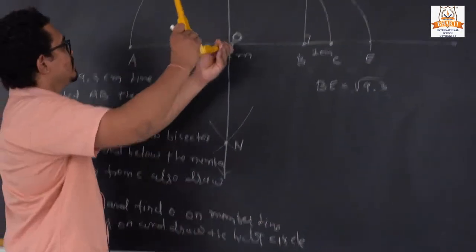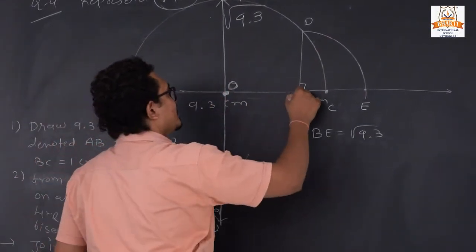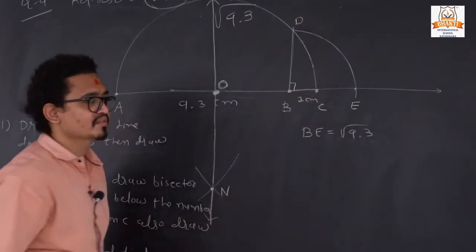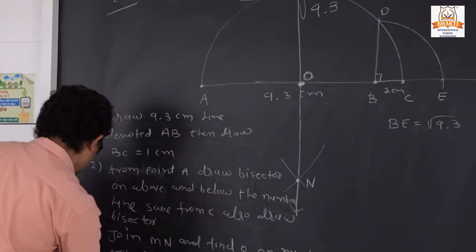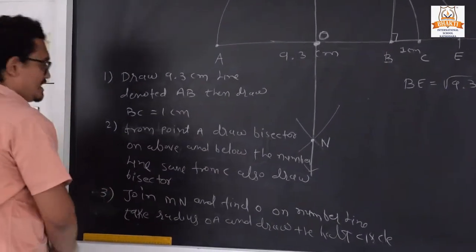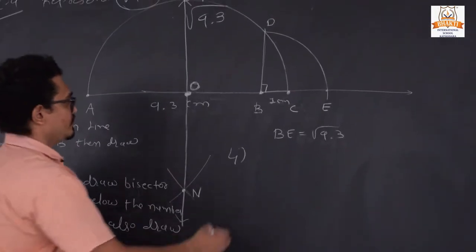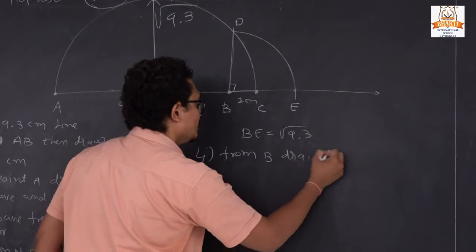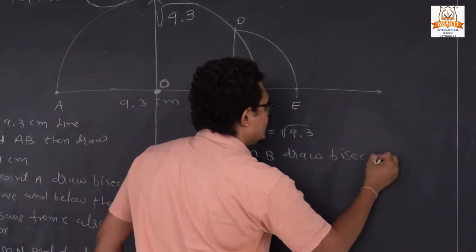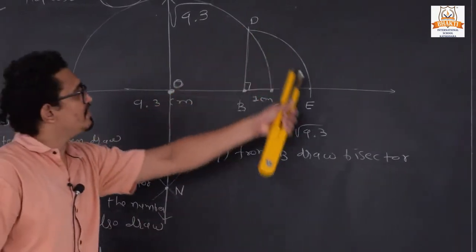After drawing that half circle, from B we can draw the perpendicular. So it is declared as our step number 3, and then step number 4: from B, draw the bisector.